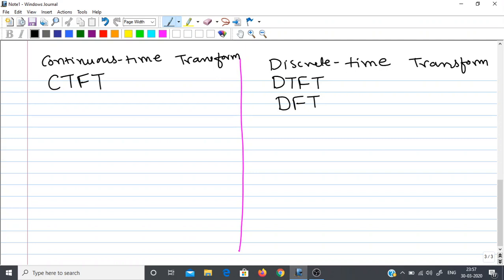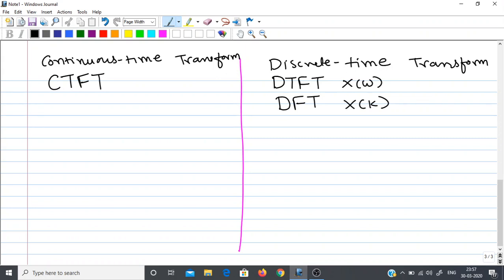So there are two types of transform where the basis is sinusoid. In discrete time Fourier transform, omega, which is frequency, is a continuous function. And here X of k, where k is an integer. So this is one of the popular transforms used for discrete time signals.